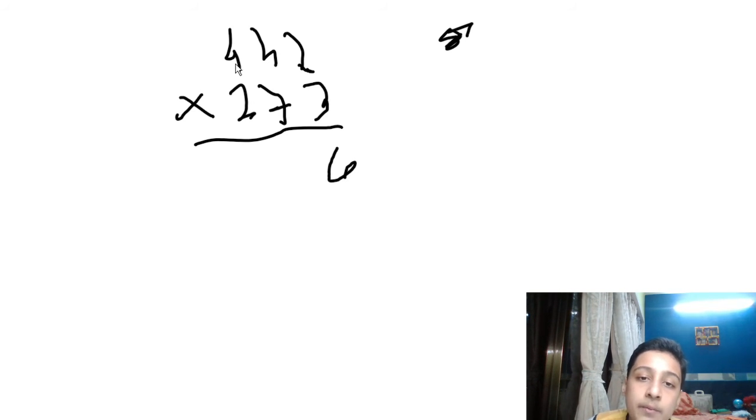Then you've got to create a division here of 4, 2, 7, 3. A unit kind of sorta. Now you've got to multiply 7 and 2, which is 14, and 4 and 3, which is 12. 14 plus 12 is equal to 26. So 6 and carry over of 2.